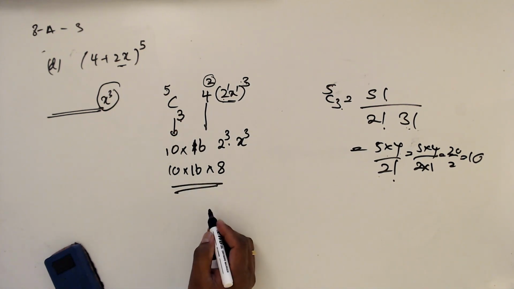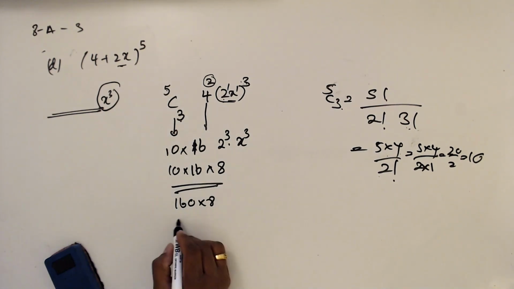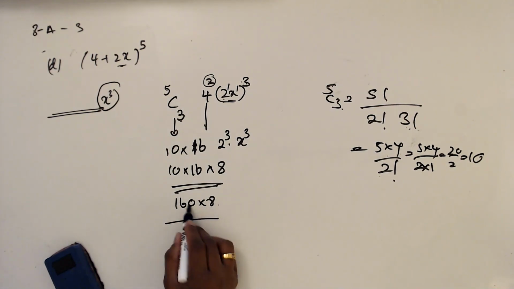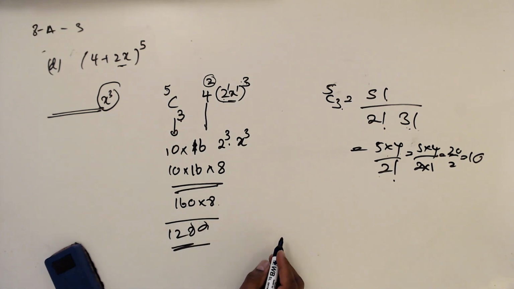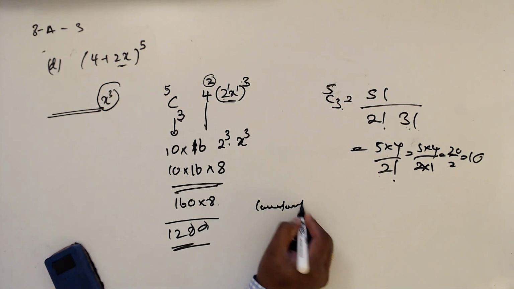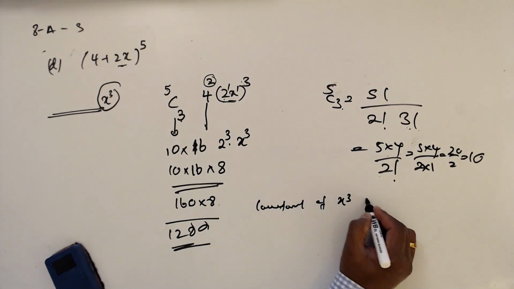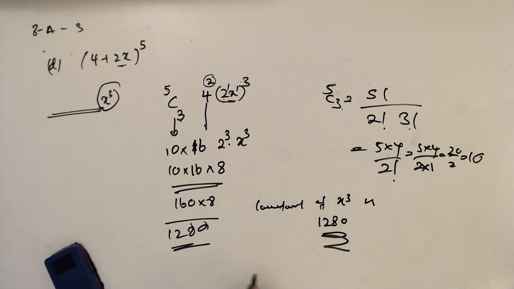Now what is the answer? 160 times 8. So 1280. So the coefficient of x cubed is 1280.